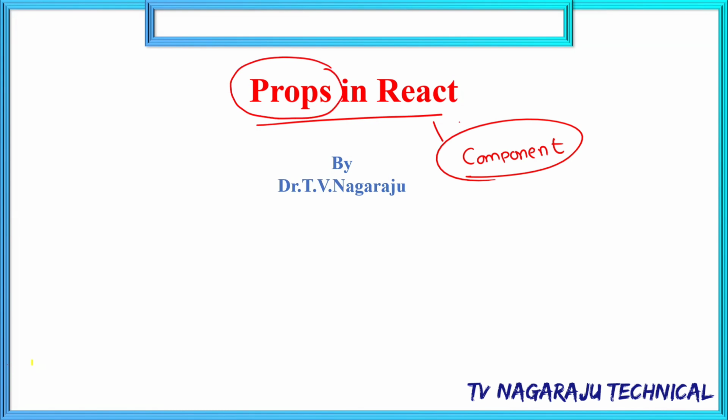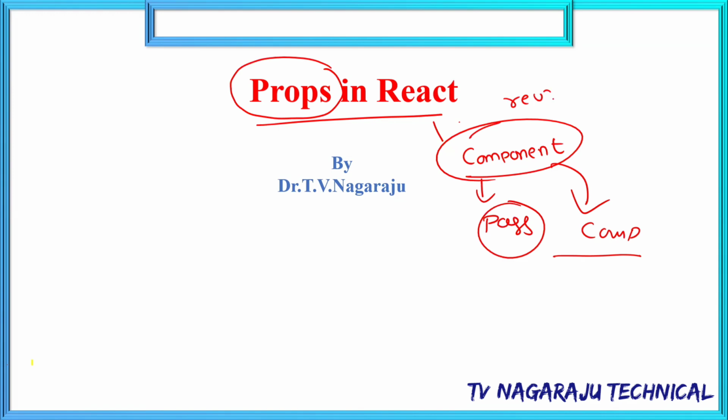The main purpose of props is to pass data from one component into another component. Generally, you can pass data from the parent component to the child component, so the components become dynamic, reusable components.